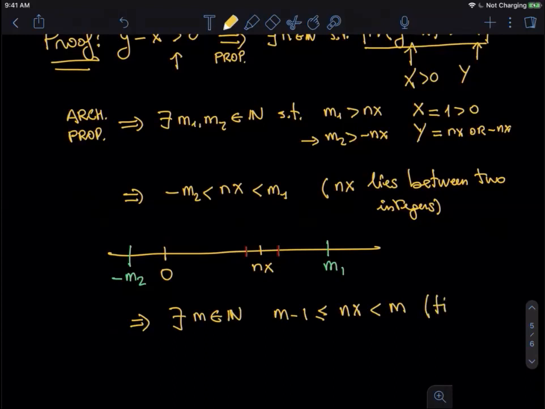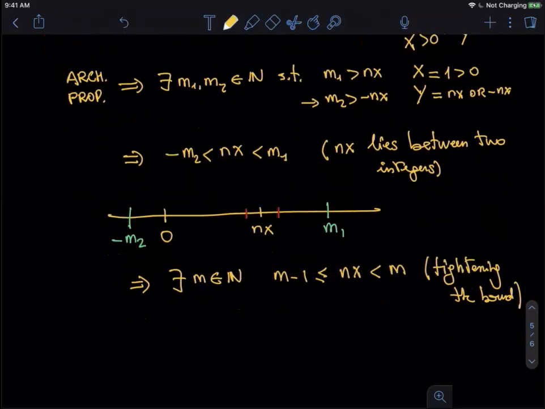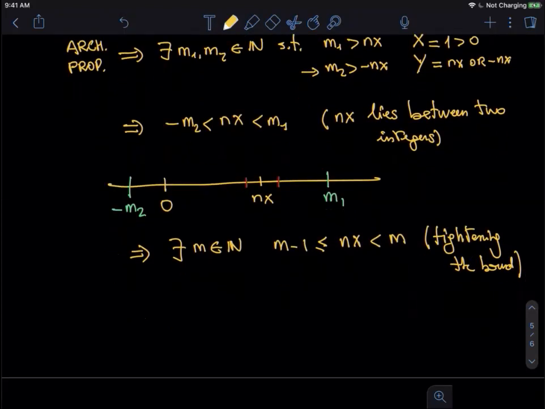Here we are tightening the bound. So this is what we wanted. This I'm also going to save for later.